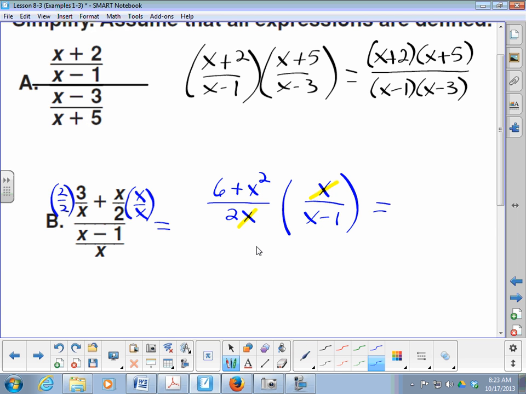So we get 6 plus x squared, which I'd rather see x squared plus 6, over 2 times x minus 1. Okay? All right.